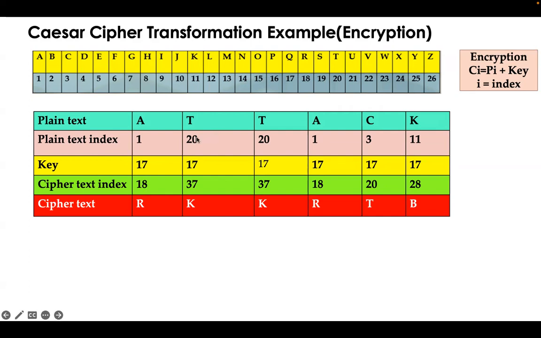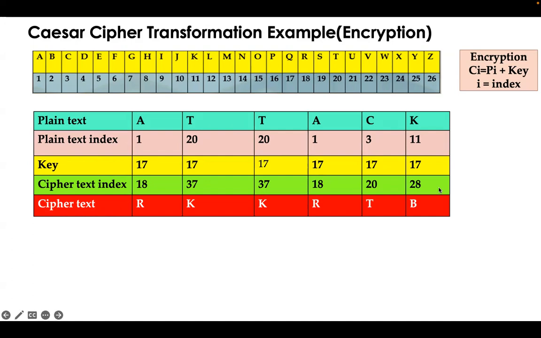Similarly, for T, plaintext index is 20 and key is 17, which is 37. Similarly for the second T, 37. For A, 1 plus 17 is 18. For C, 3 plus 17 is 20. And for K, our ciphertext index will be 11 plus 17, equal to 28.